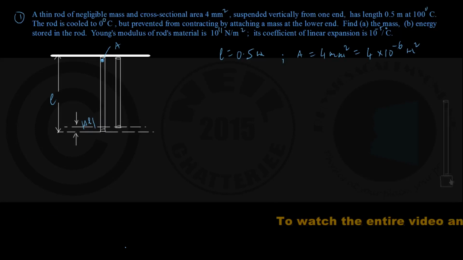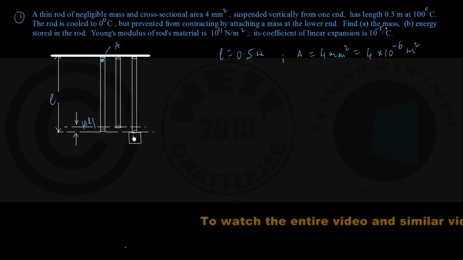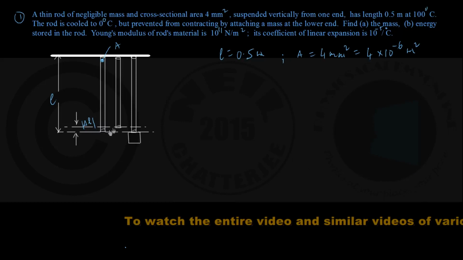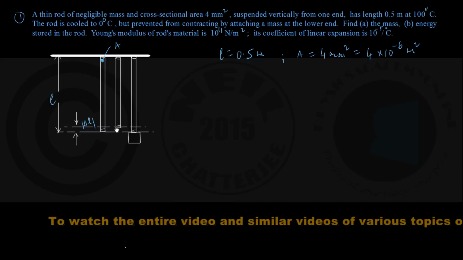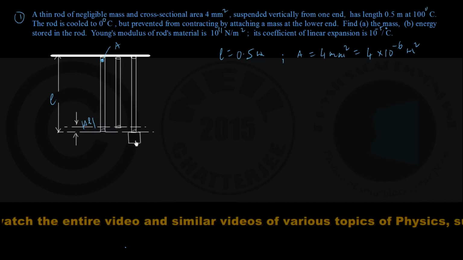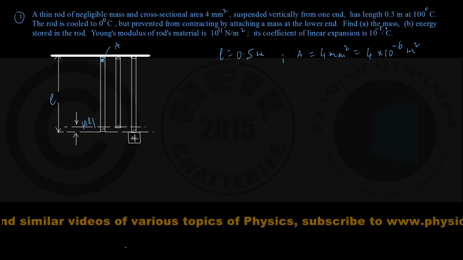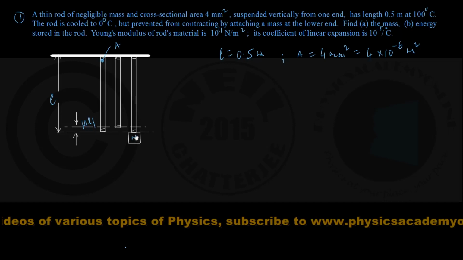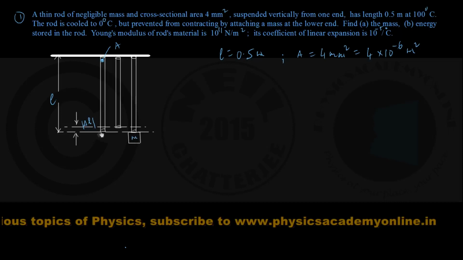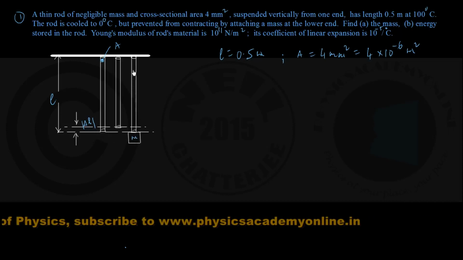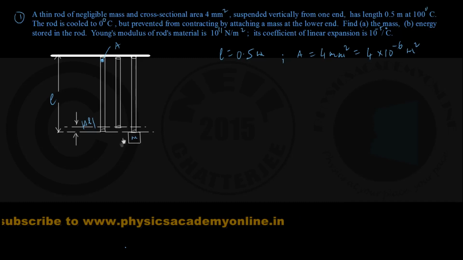Therefore, I introduce one more figure, that is at the same time as the rod is being cooled, if a mass is suspended, suppose the mass of this block is M unknown, at the lower end of the rod, then the possible contraction is balanced, countered, and therefore the rod retains its original length.